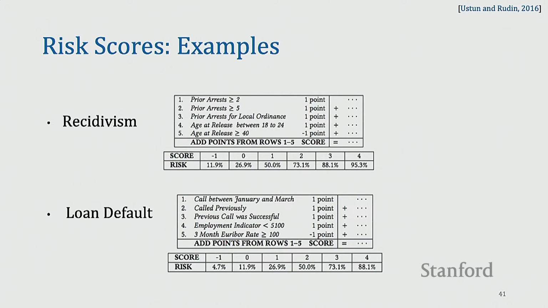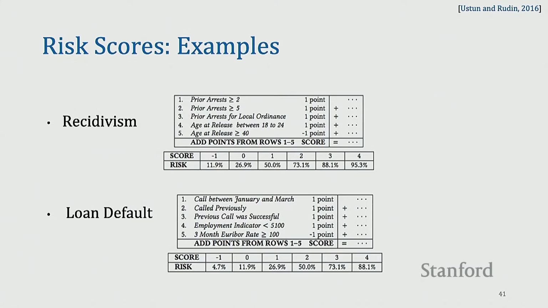And if your age at release is greater than or equal to 40, that's actually negative 1 point. So you're creating scores associated with conditions, and at the end of the day, you just sum up all those scores, and the resulting score tells you how risky it is, for example, for a defendant to be released, or how much of a risk there is in a person defaulting on a loan and things like that.